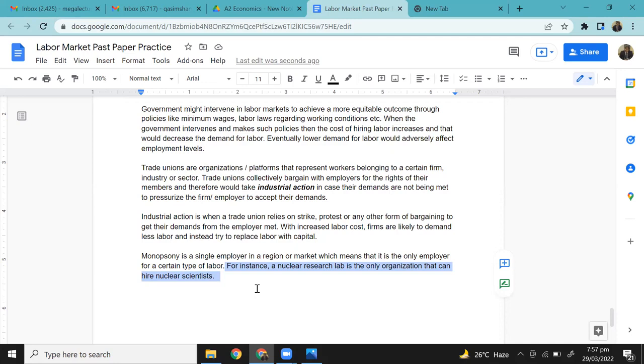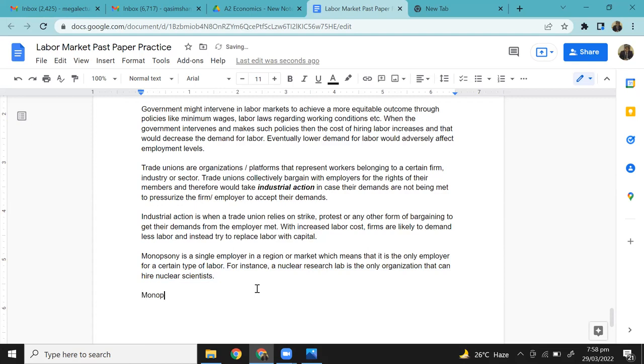But let's say there's a nuclear research lab in a country that's making nuclear energy or nuclear bombs or whatever, right? So that's the only organization where this person can work. Fair enough, simple enough. Now that is a good example of a monopsony labor market. Now moving forward from here, think about this.